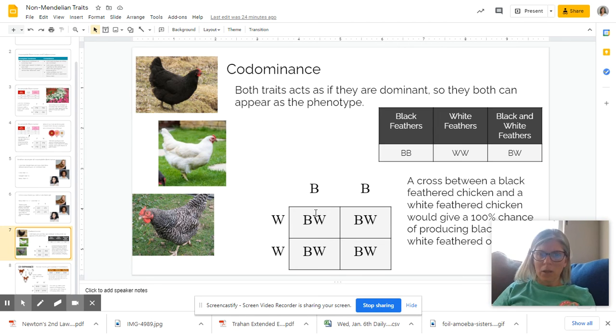But in this case, we don't get gray, we get a black and white feathered chicken, where some of the feathers are black, some of the feathers are white. There's no blending of the two colors like there was in incomplete dominance.